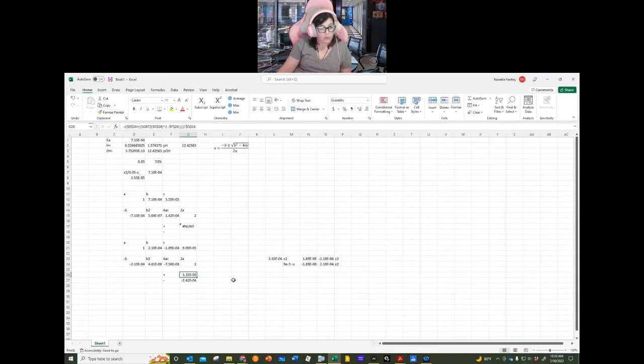Okay, so this is my positive value right here. That's my X. So now if I want to look at 3.25 times 10 to the minus fourth, and of course we can take 9e negative fifth minus, and that gives me 5.75 times 10 to the minus fifth.